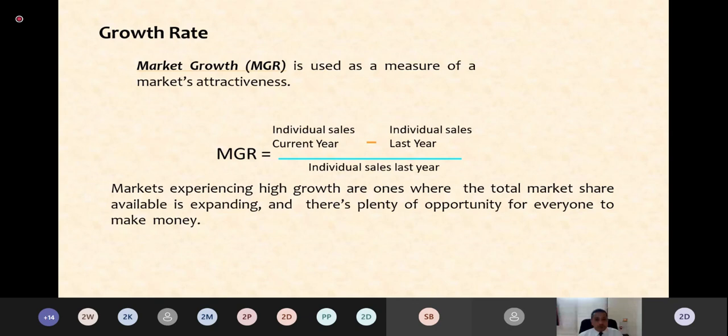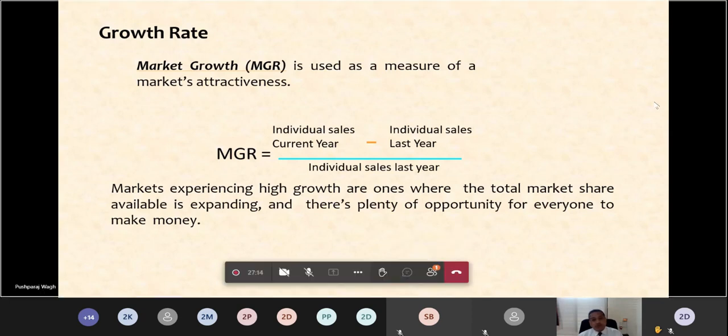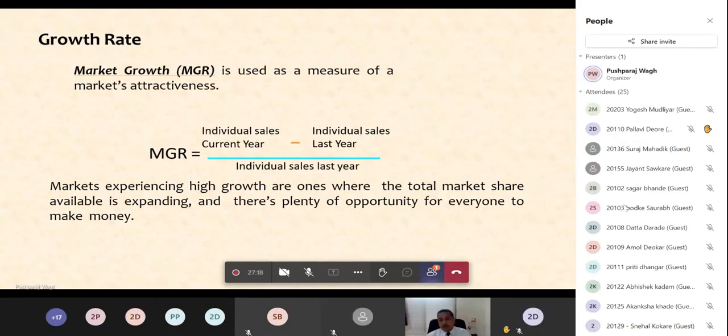First is development, second introduction, then growth, maturity, saturation, and then decline. So in this graph you will be able to see how the sales are increasing along the timeline, and the different stages of sales revenue that you can understand.